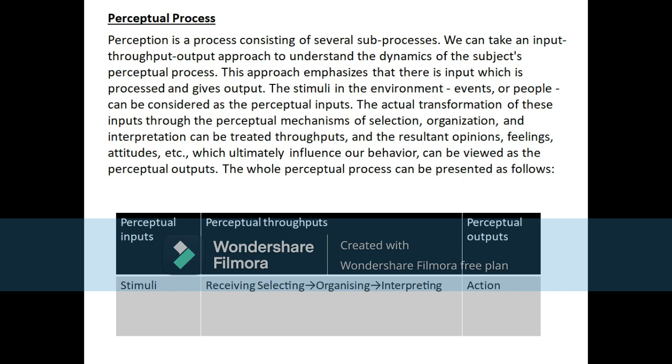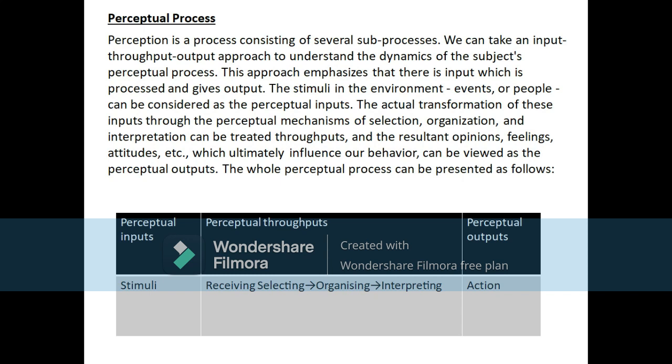I have shown this in a chart form. In perceptual inputs we will see stimuli, in perceptual throughputs we will see the aspects of receiving, selecting, organizing, interpreting. Coming to perceptual outputs, the final one is action.